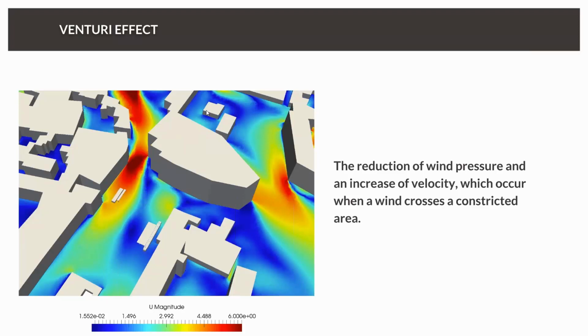However, what is happening is that whenever the wind is crossing a constricted area, like you can see in this example, so that the cross section gets reduced, the velocity increases and at the same time the wind pressure drops. The wind pressure drops because the velocity is increased. You need to get your energy from somewhere.